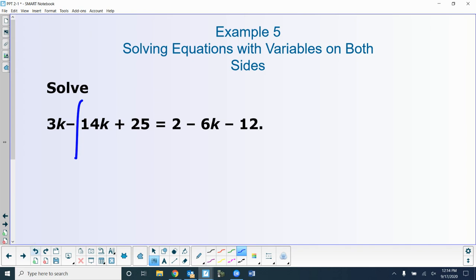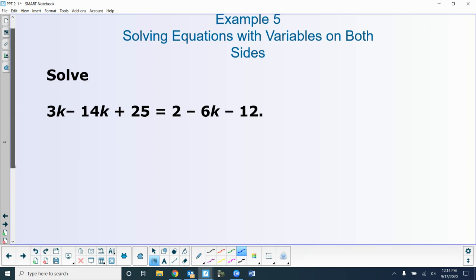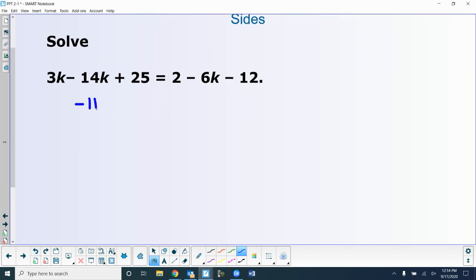Negative 11K, good? Simplify the other side, okay? Combine it with 6, okay? Let's simplify that first, then we'll take care of the 6K.